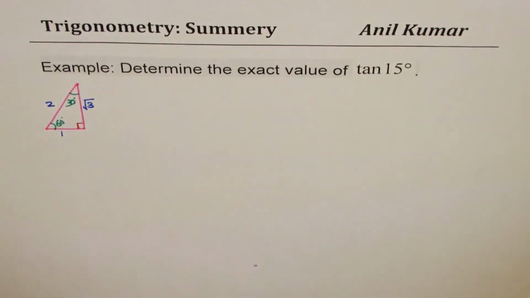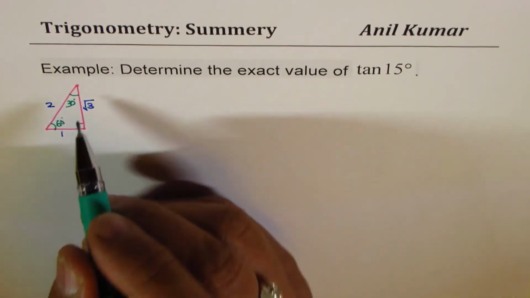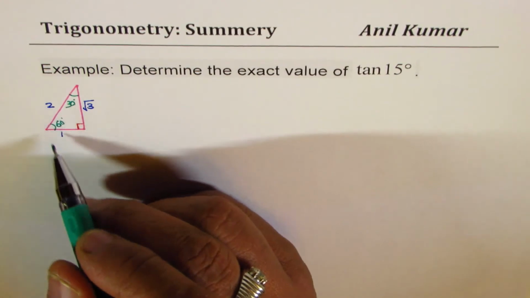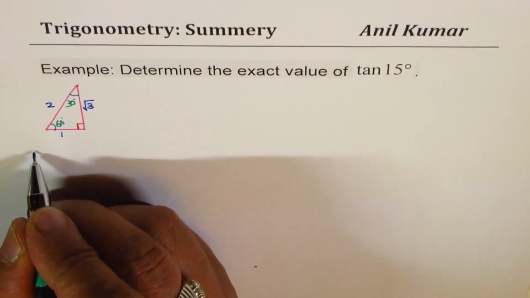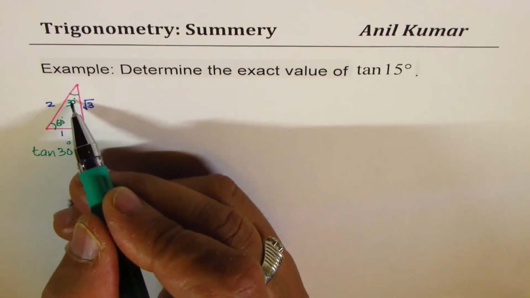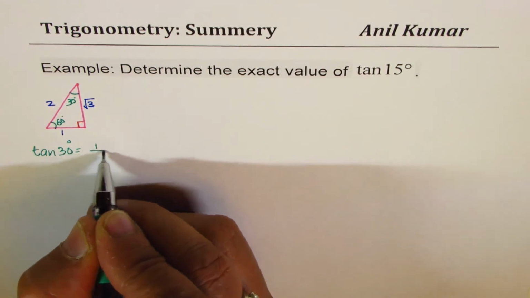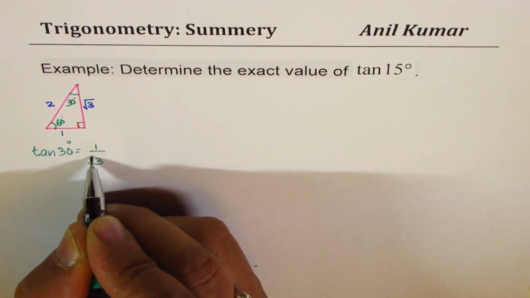So from this triangle you can always say what tan of 30 degrees is. Tan of 30 degrees will be opposite over adjacent, which equals 1 over square root 3.